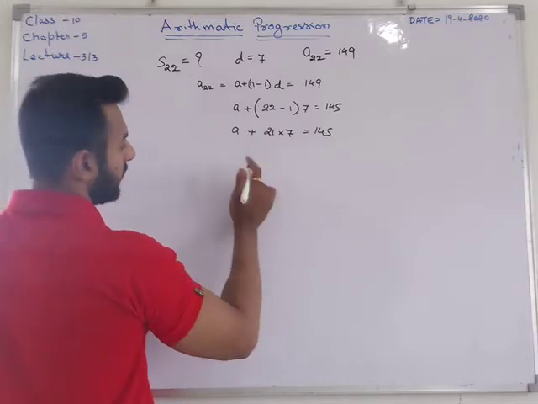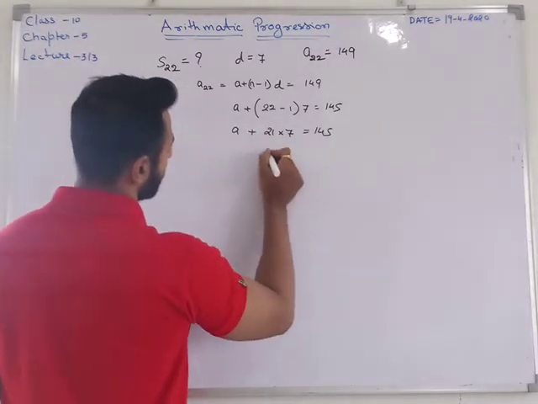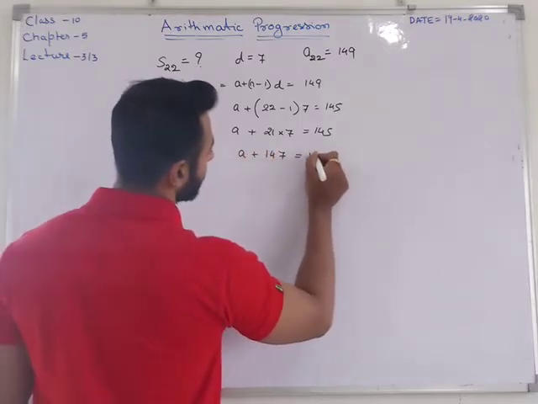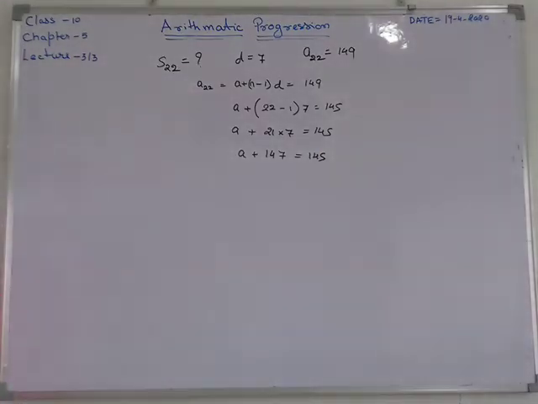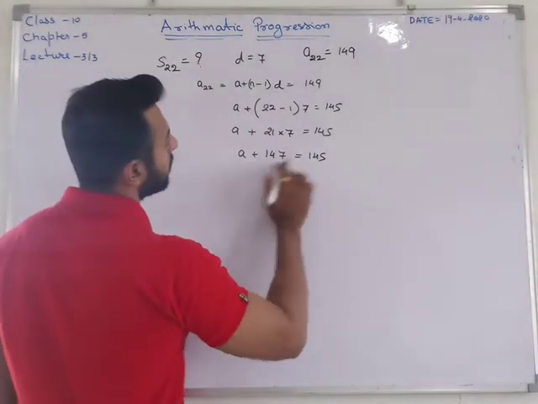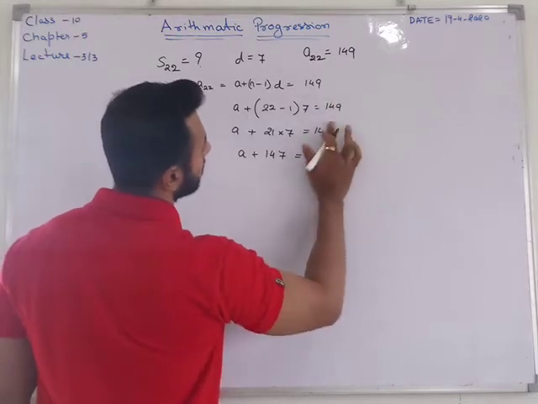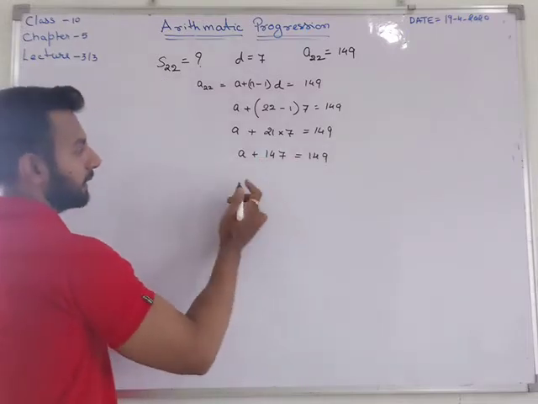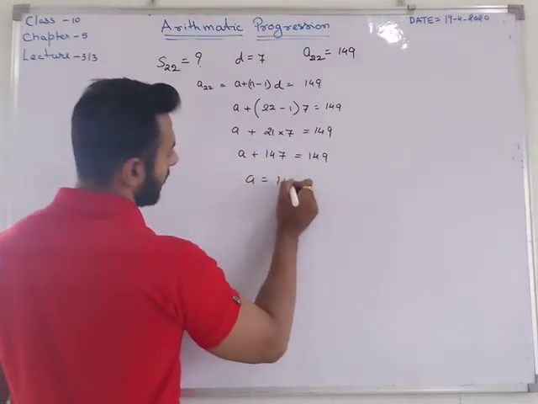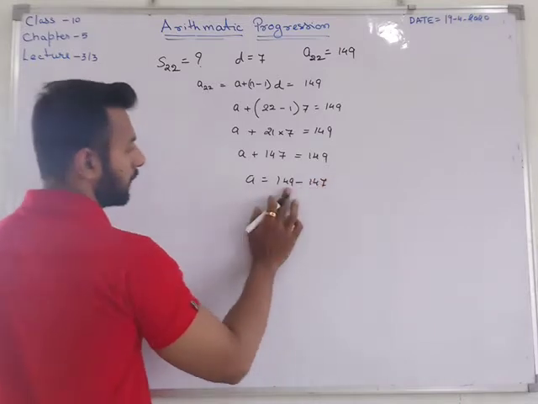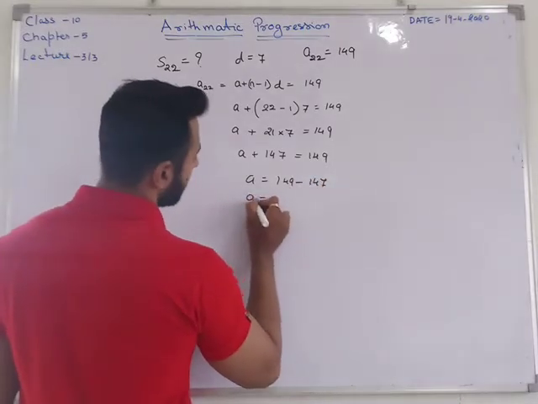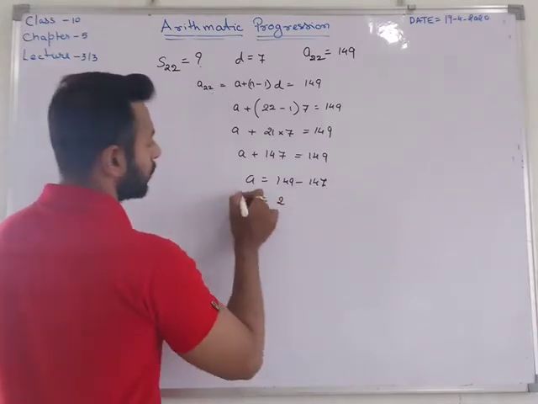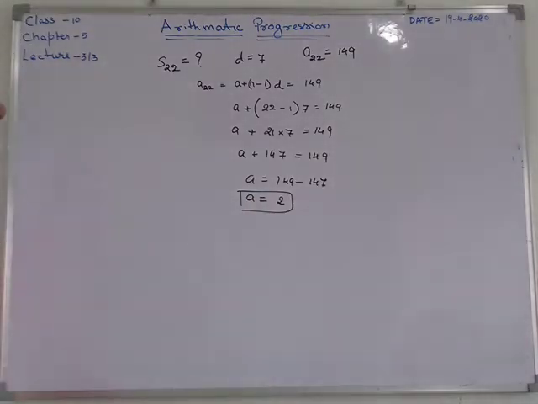Multiplying this 7 with 21, we get 147. Taking this 147 to the right hand side, 149 minus 147, the remaining term will be 2. So we are getting the value of a is equal to 2.